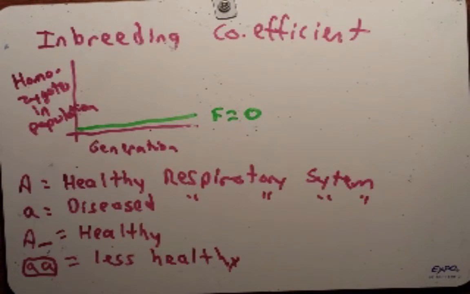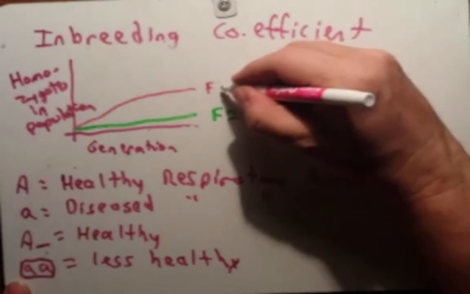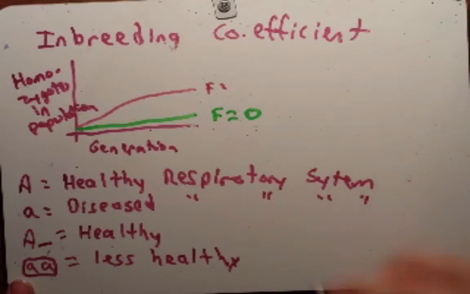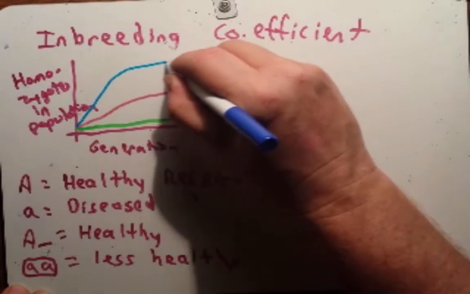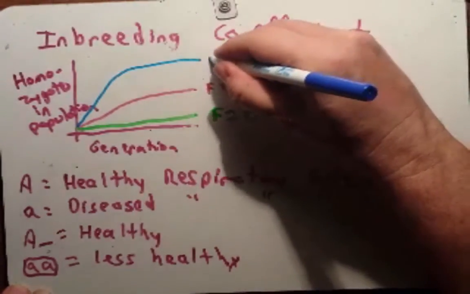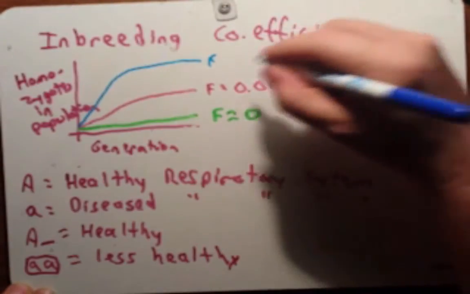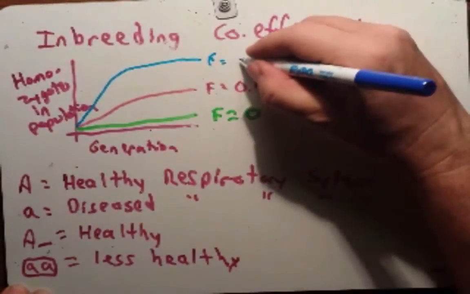And we know if the bighorn sheep were to mate with a bighorn sheep that was, say, a first cousin of it, its coefficient for inbreeding would be 0.0625. And then, if two bighorn sheep in this population were to breed with siblings, then its coefficient for inbreeding would be 0.25.